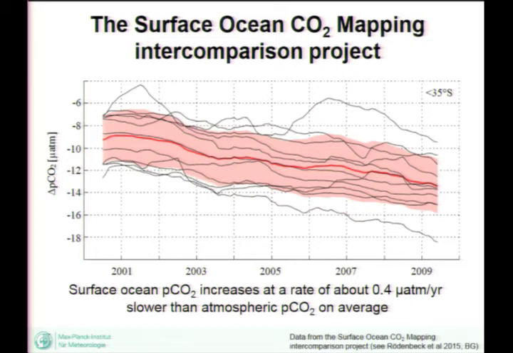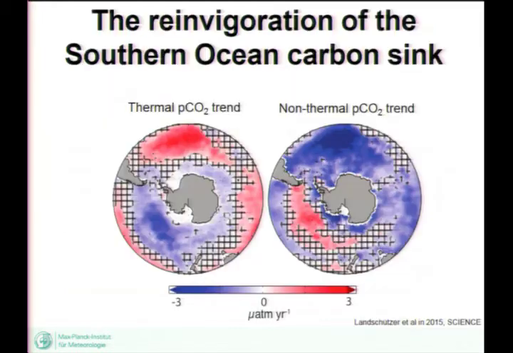But what we found is that when we look at the basin trends, this is now for the last decade, again from the method I was presenting you today, divided into thermal components, so basically the temperature-driven trend, and the non-thermal components, so everything that is not temperature-driven. So there might be biology, there might be DIC, there might be upwelling.